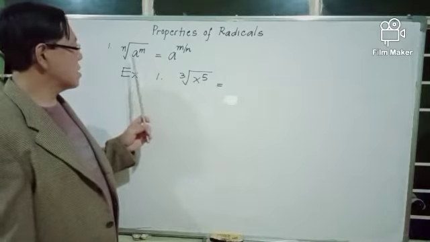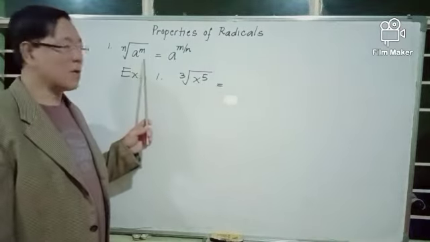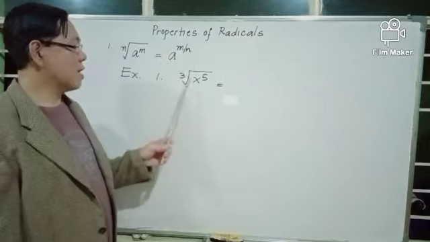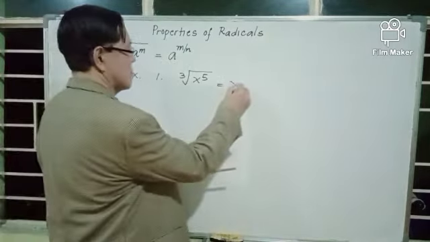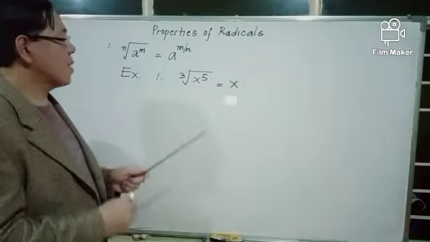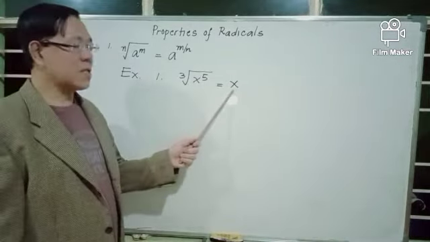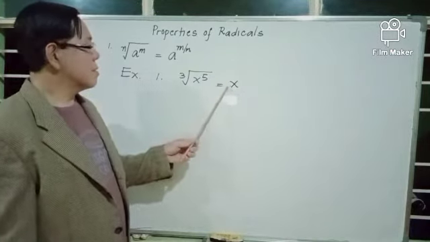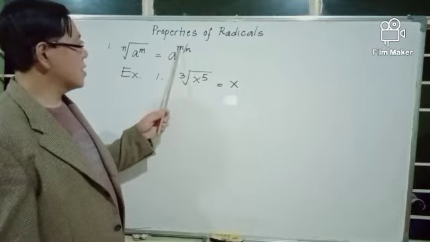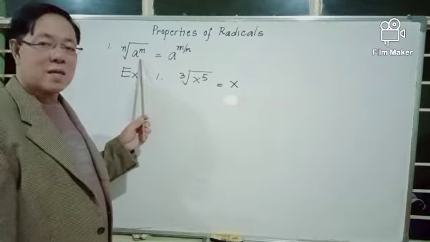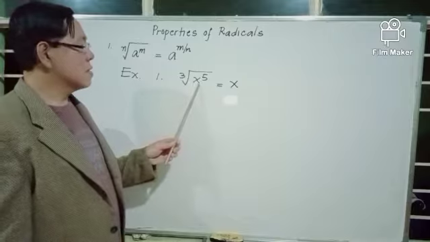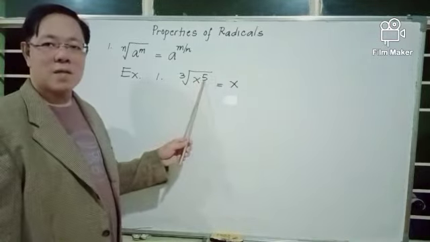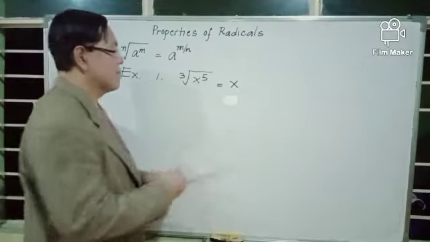And by this property, the nth root of a to the m is equal to a raised to m over n, where a is x to the power, the exponent of x will be a fraction, or the numerator is the exponent of a. In this example, the numerator in the exponent of x is the exponent of x, 5.